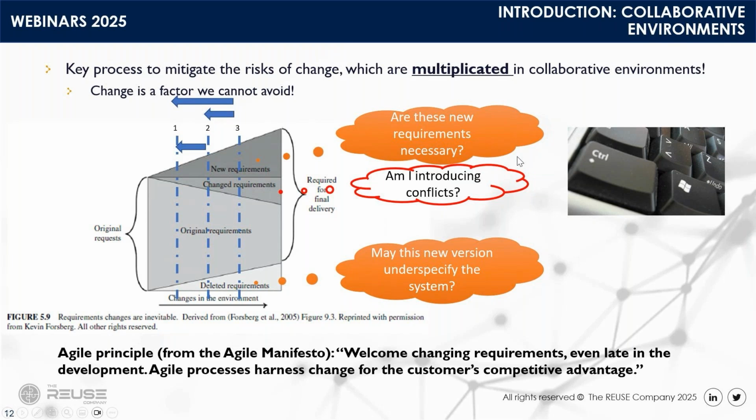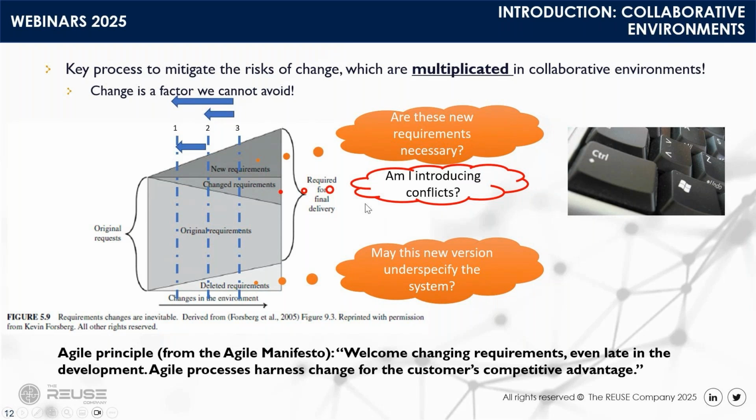In collaborative environments, if we focus on the requirement aspect, the changes that occur could make some requirements unnecessary, or we might skip parts of the specification and underspecify the system. That's if we delete requirements. If we create new requirements, we might end up with unnecessary duplicate requirements.